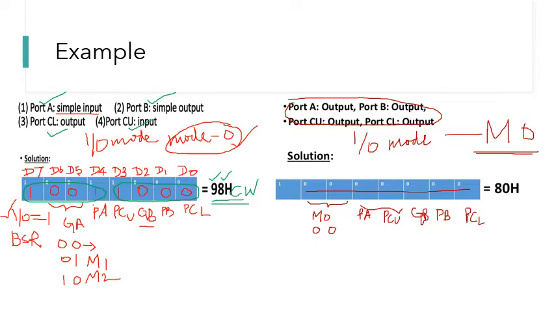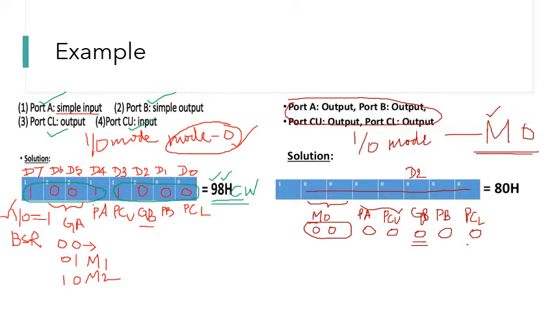Port A is 0, port C upper is 0, port B is 0, port C lower is also 0, which means these ports act as output ports. Mode 0 is selected, so D6 and D5 are 0, 0, and the D2 bit, group B mode selection, is also 0. All the bits are 0.